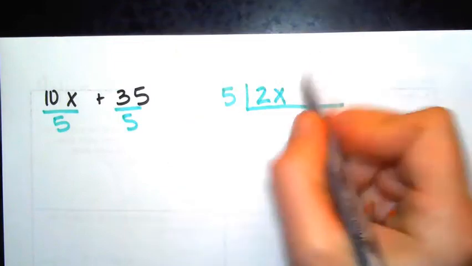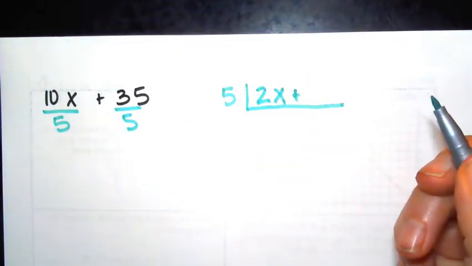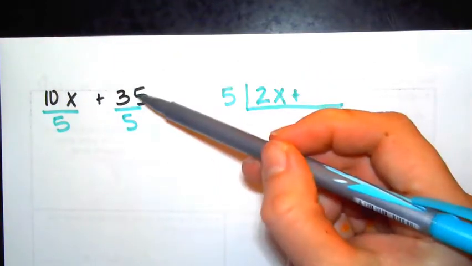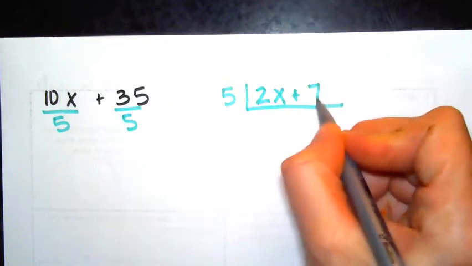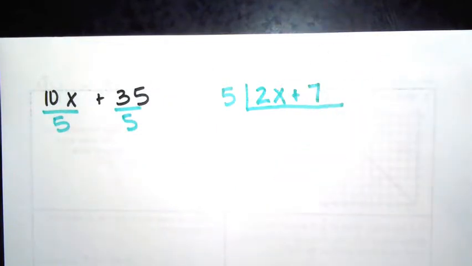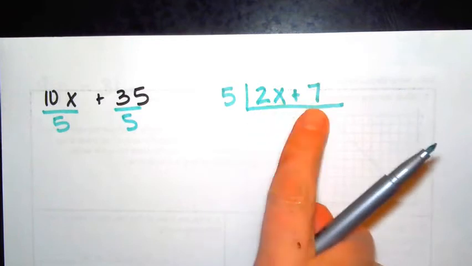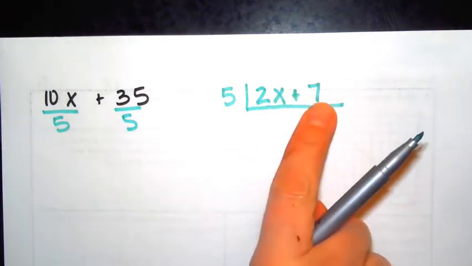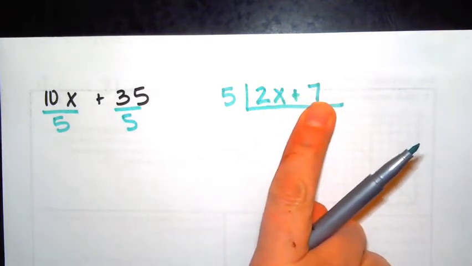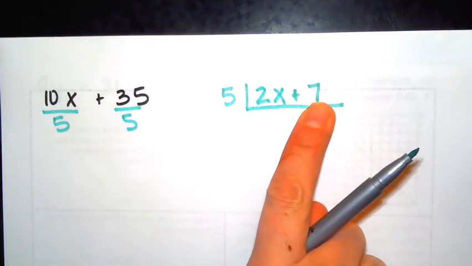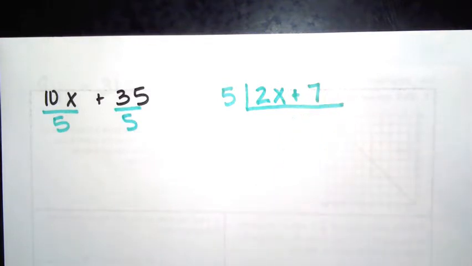Keep the plus, just like we kept it before doing this distributive property. 35 divided by 5 is 7. Then I look in the sled and ask myself, what's the greatest common factor going into 2 and 7? 1 doesn't count. We don't count 1. Oh, there's no greatest factor. Those are two prime numbers, meaning the only factors for each number are 1 and itself.